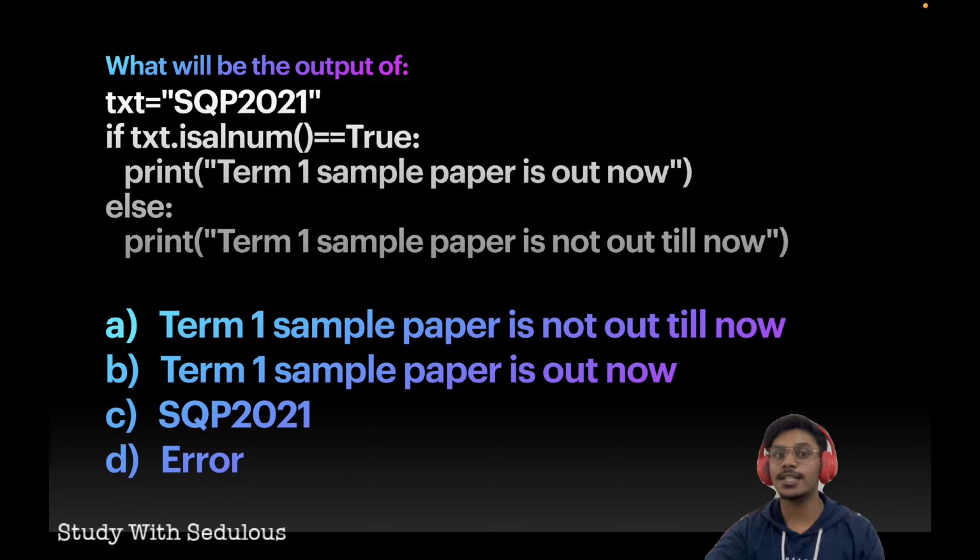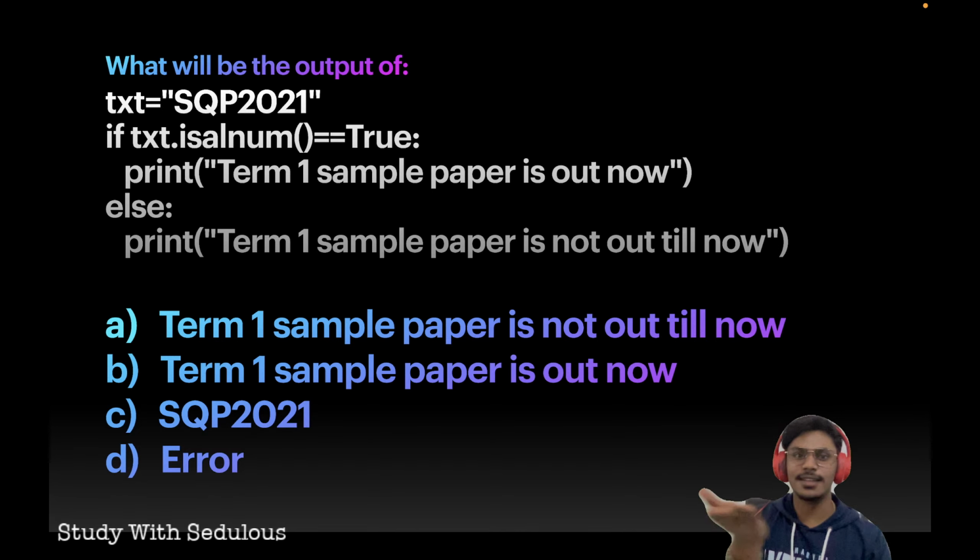What is isalnum? It means is it alphanumeric? Is the SQP 2021 containing only alphabets and numericals? Is it containing any special symbols? No, right? So it is true. So print term1 sample paper is out now, and that would be option B.